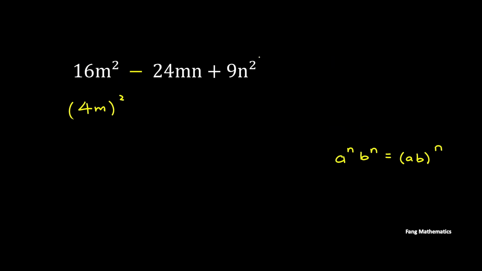In a similar way, we are to deal with the third term, that is 9n squared. Let's first look at the 9. 9 can be expressed in terms of 3 squared, n squared, power 2 in common. So factorize the power 2, leave the two bases 3 and n inside the parentheses. So 3n inside the parentheses squared.